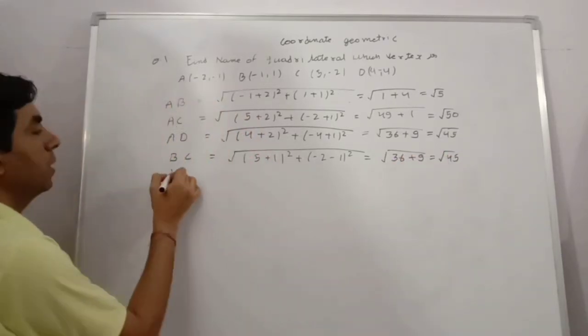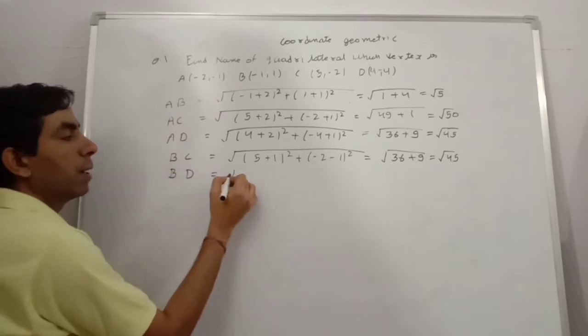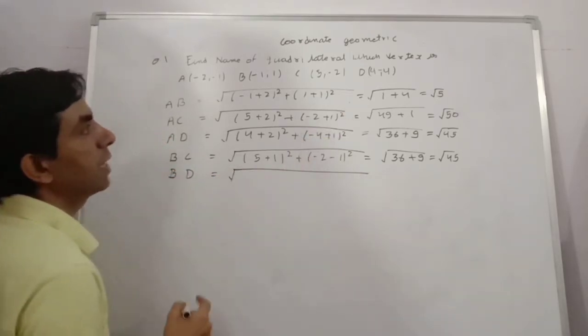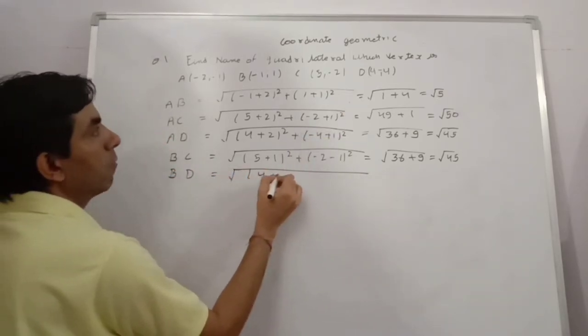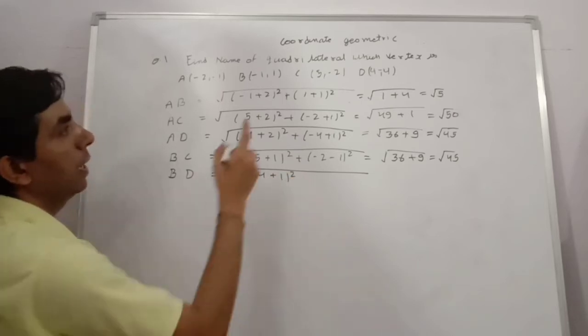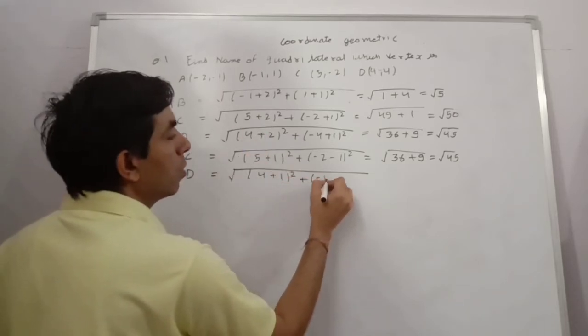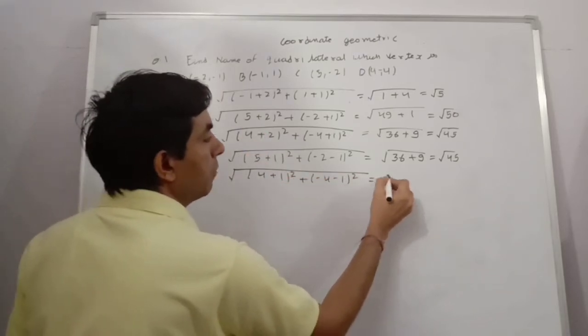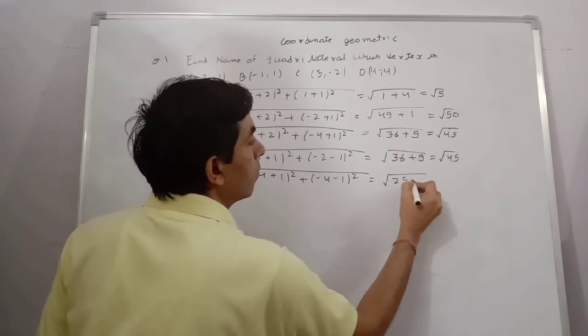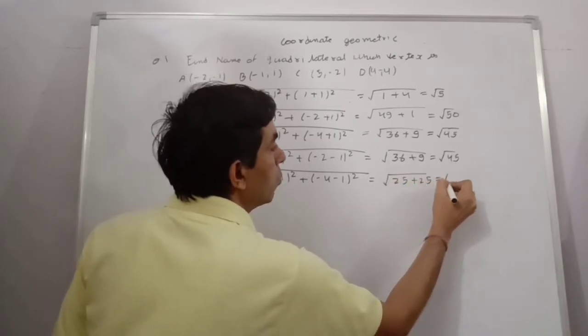Next I find BD. In BD we have (4 plus 1) whole square and (minus 4 minus 1) whole square. Then we get 25 plus 25 equals root 50.